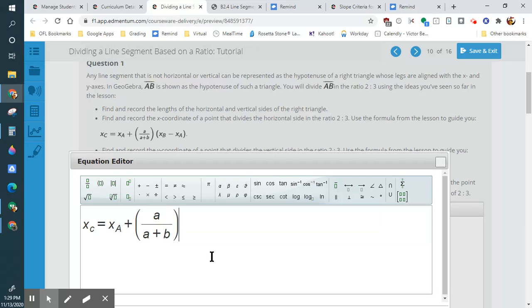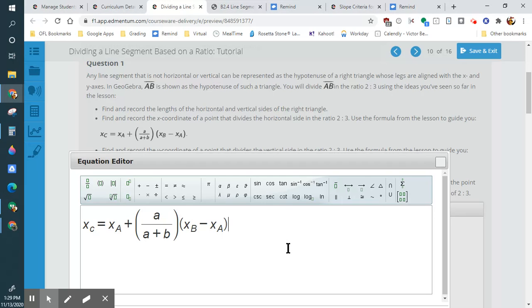And then we're going to do the fraction x sub b minus x sub a. And the beauty of this formula is that you don't necessarily have to have them in horizontal lines. The way I did it, they were in horizontal lines, so it was a little different.